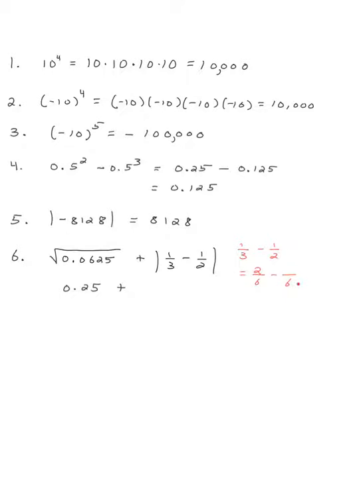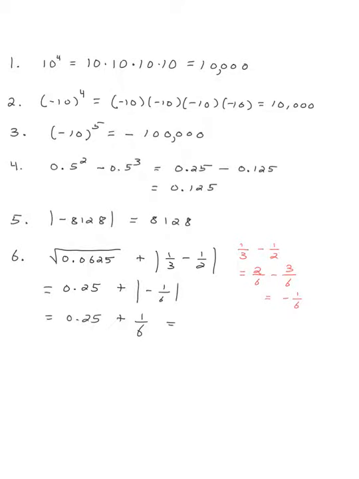I'm multiplying this fraction by 3. So 1 times 3 is 3. And if I now just subtract the numerators, 2 minus 3 is negative 1. This is negative 1 over 6. So I'll put this middle step in here that we're really taking the absolute value of negative 1/6. And therefore, we have 0.25, and that'll be plus 1/6.